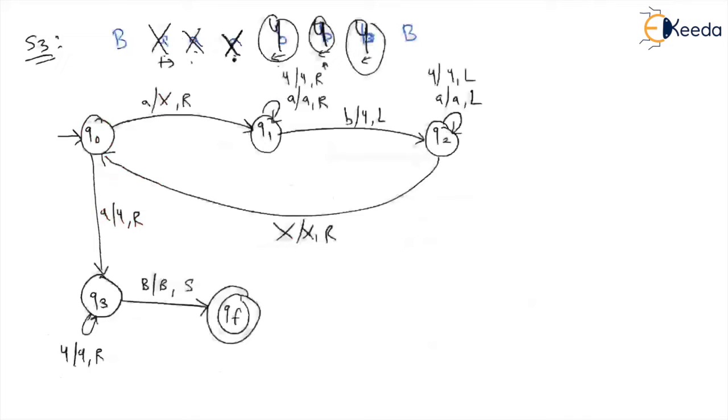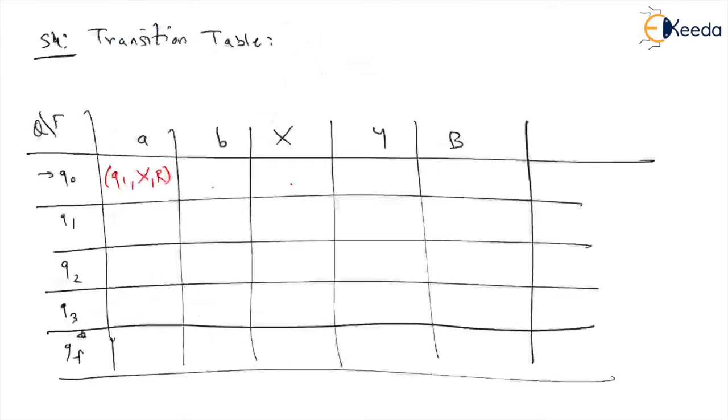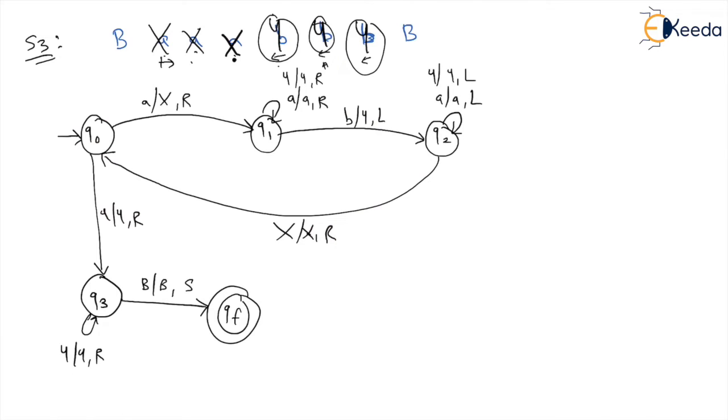So let's write it. It goes to state Q3, keeps Y as Y and moves to the right. Similarly, does Q0 receive a blank? Looking at the diagram, I see that Q0 never receives a blank. So for the Q0 state, at least, the entire row is done.